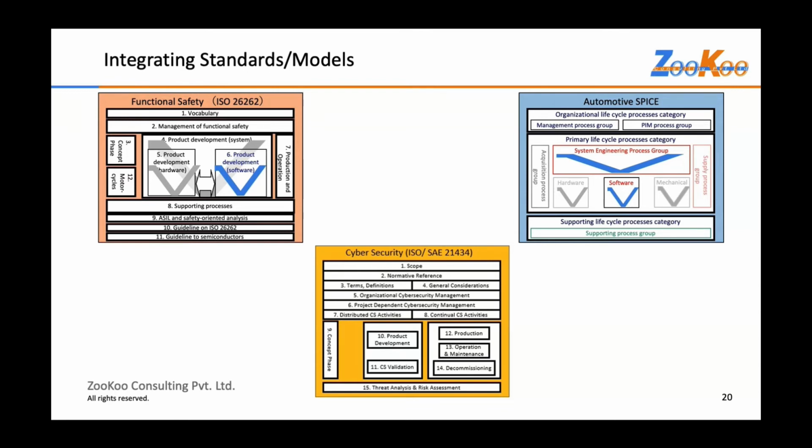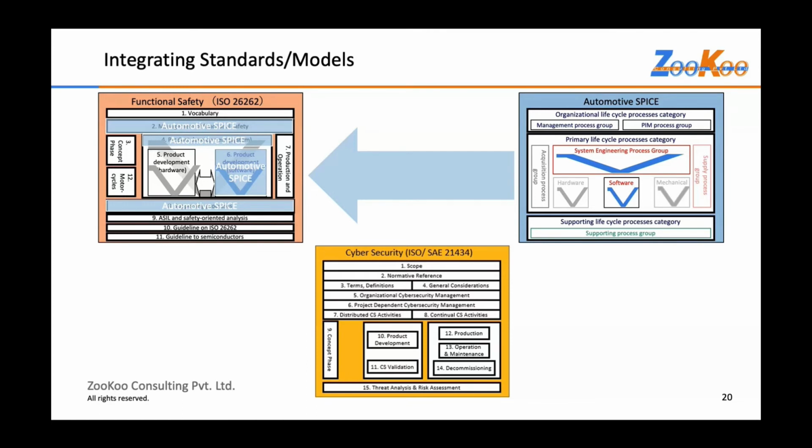If I see here, on the right side Automotive SPICE, on the left side ISO 26262, and at the bottom we have 21434. We have put all the clauses and parts of these standards. Now you see these are the parts which are taken care of by Automotive SPICE by adding the functional safety aspects. These parts can go together.